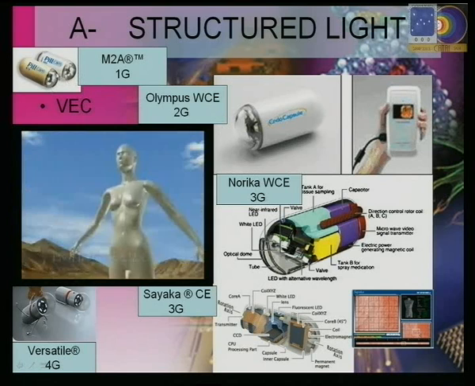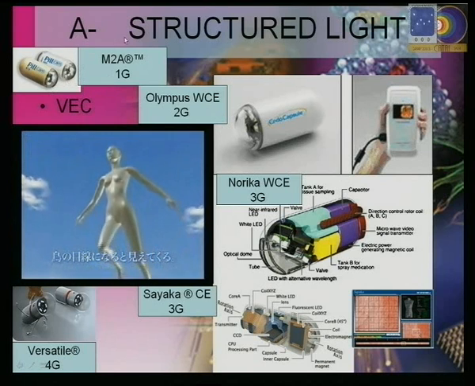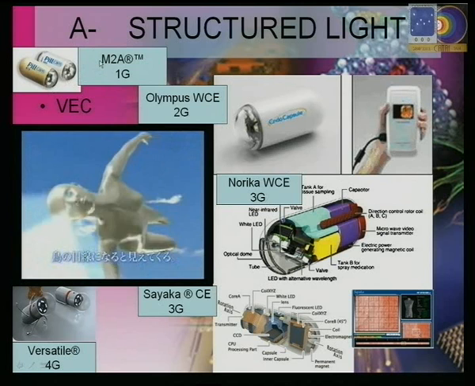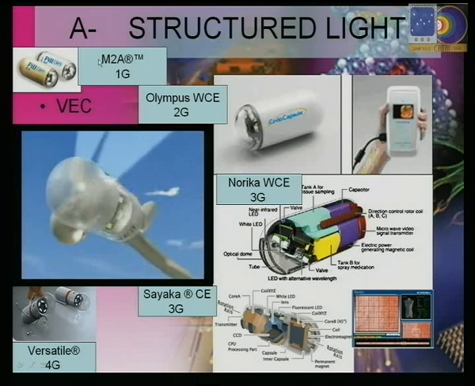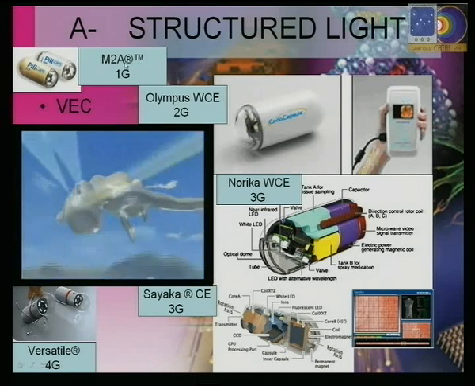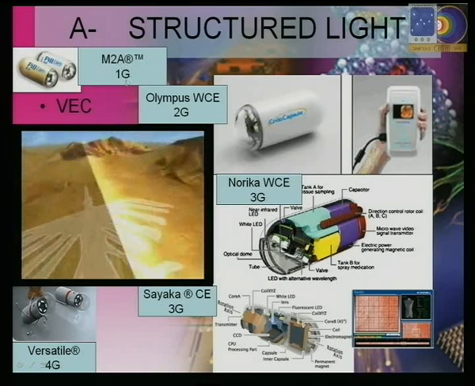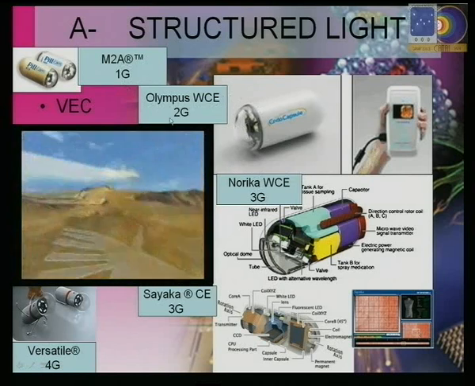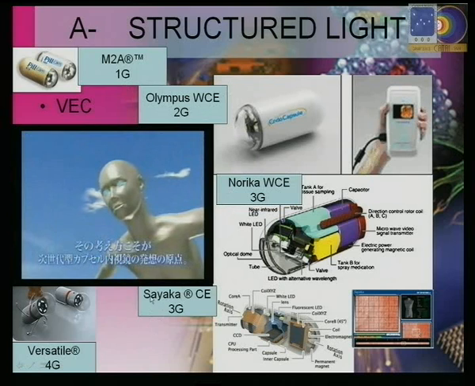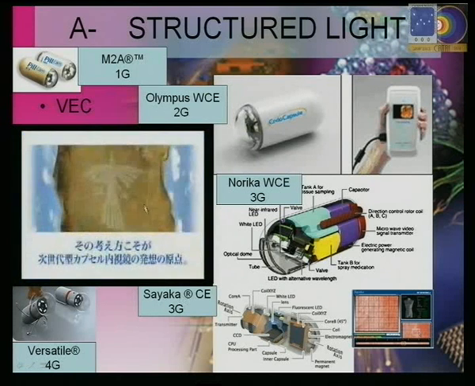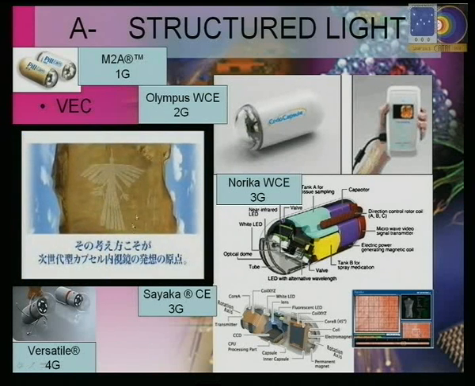And as I mentioned previously, the first generation was the M2A from Imaging Technologies, I think is the name. Now the second generation is from Olympus, Norika and Sayaka is the one we are seeing in here.